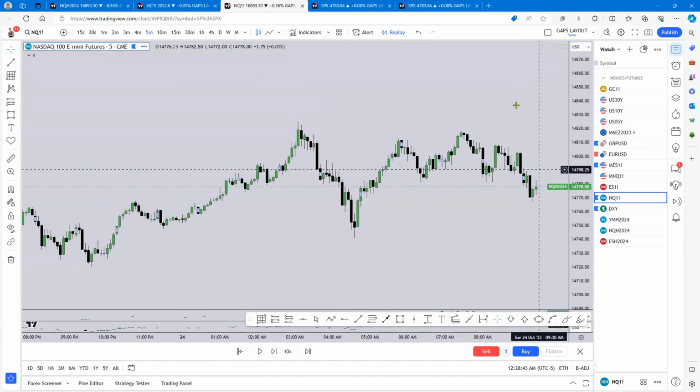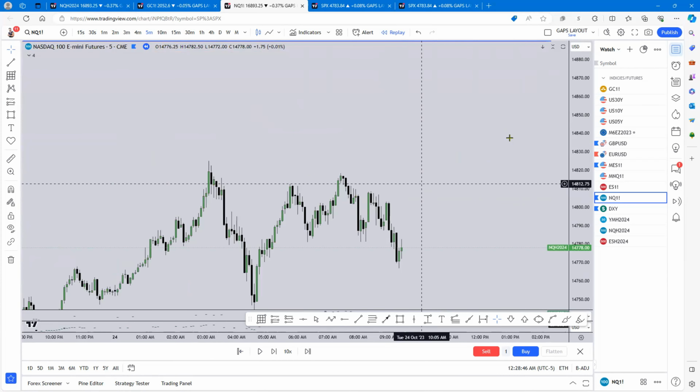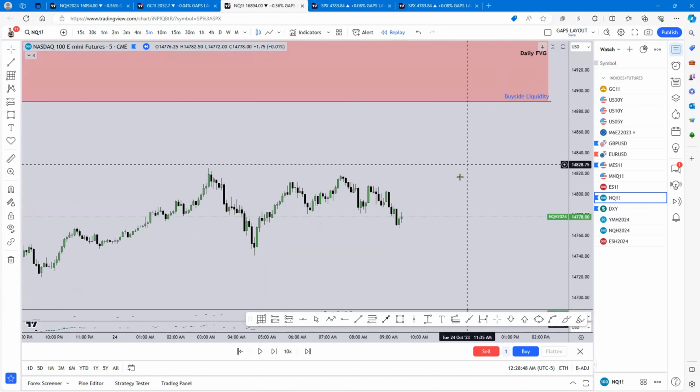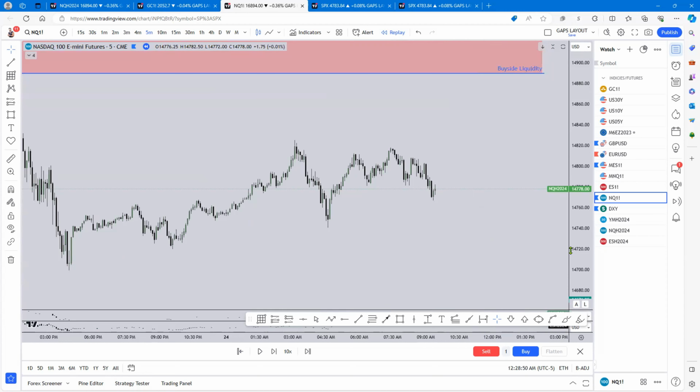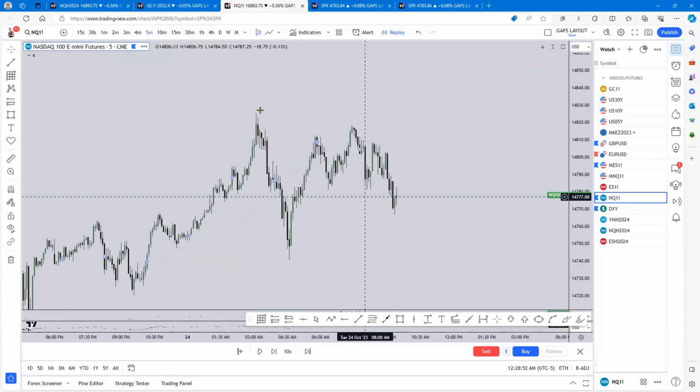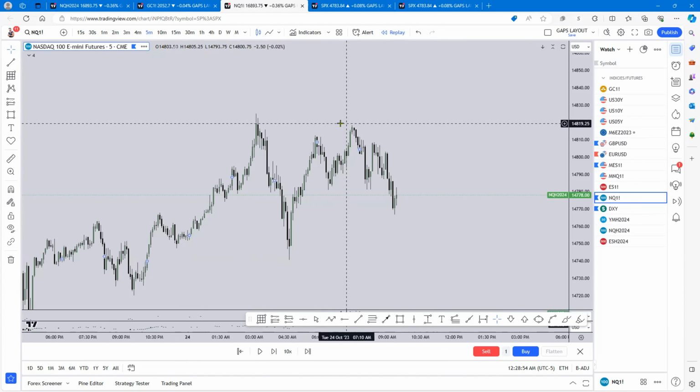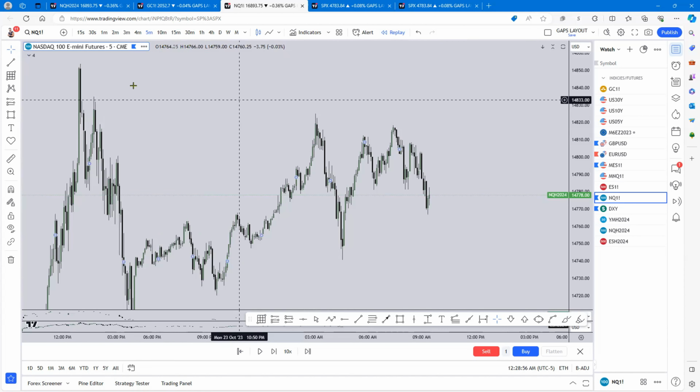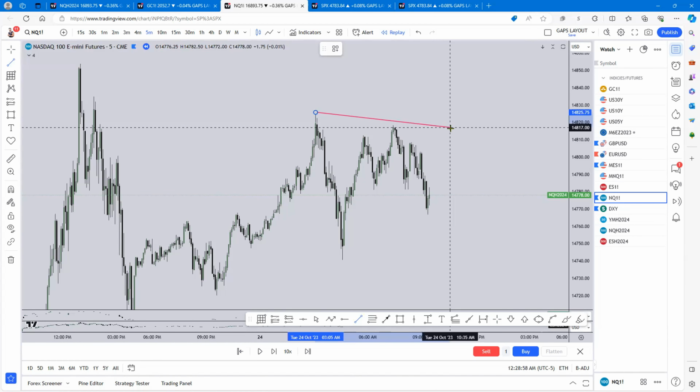Okay. So again, our draw is towards this, right? You can see we have an equal highs here, relatively equal highs here. Okay, so this is our buy side liquidity.